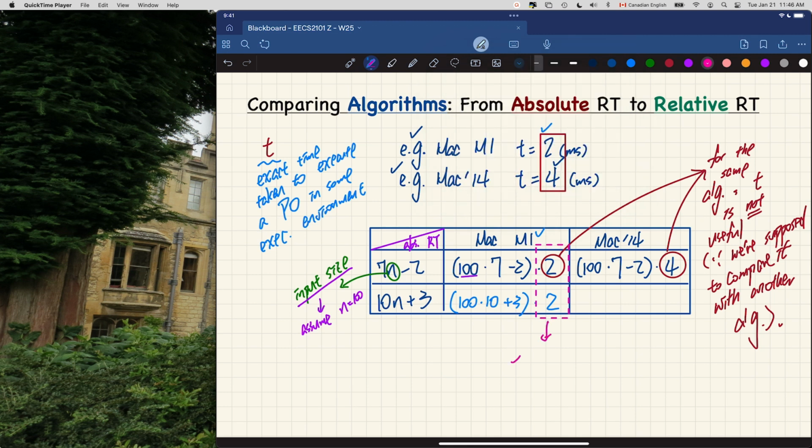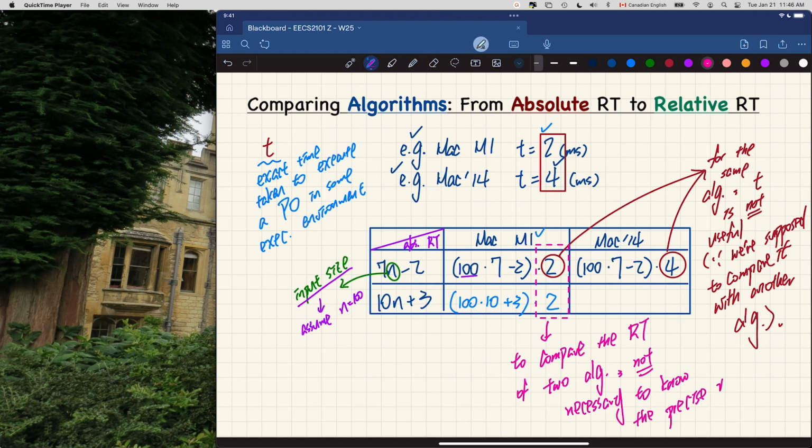To compare the running time of 2 algorithms, it is not necessary to know the precise value of t, because t being equal to 2 or equal to 4, you will just get the same conclusion anyway, right?